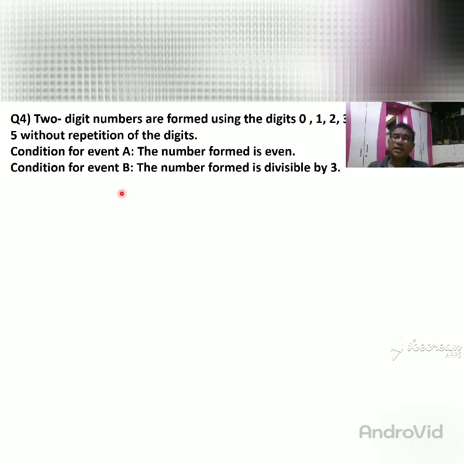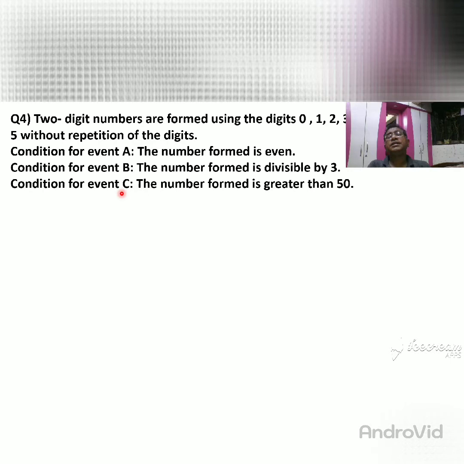Okay. Then another event is event C: the number formed is greater than 50. So they say the number must be greater than 50, which means 51, 52, and such numbers we write there.